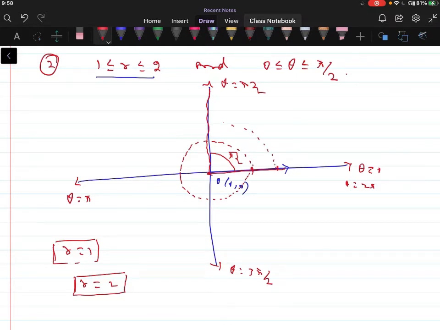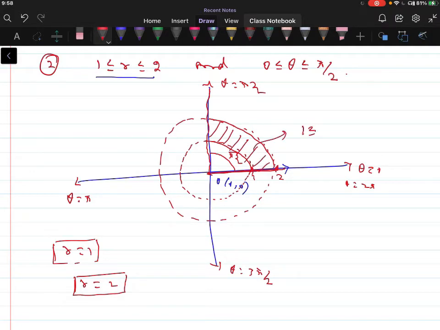This is a circle with center at origin and radius 2, 2 units from here to here. This is 1 unit. But theta varies from only 0 to pi by 2, so only take this portion here. So r lies between 1 and 2. This is the region you should take.